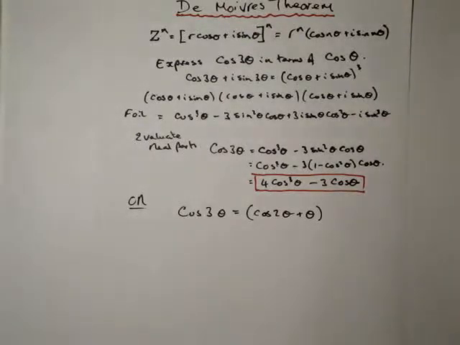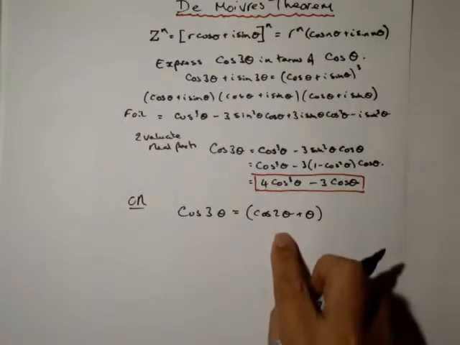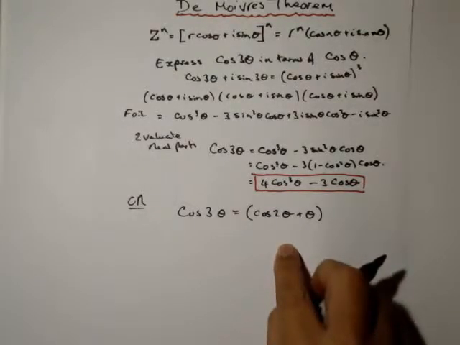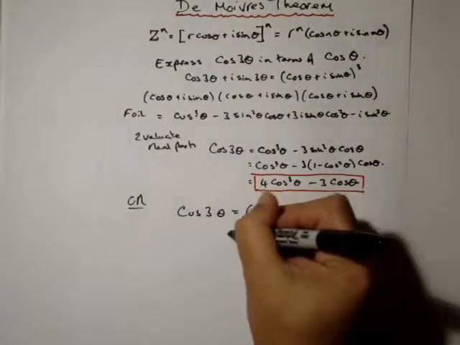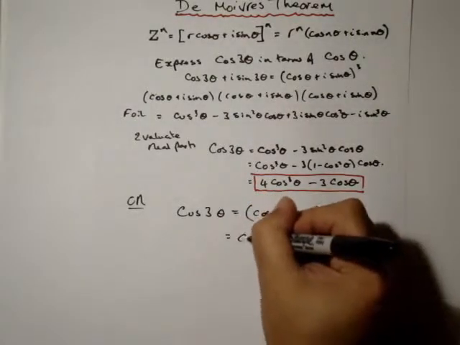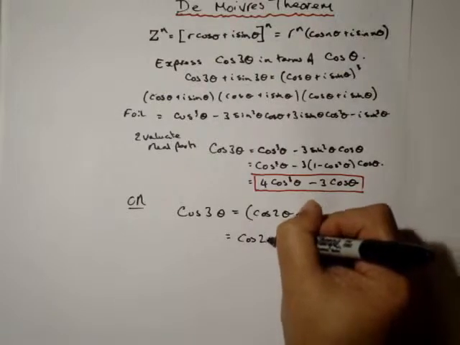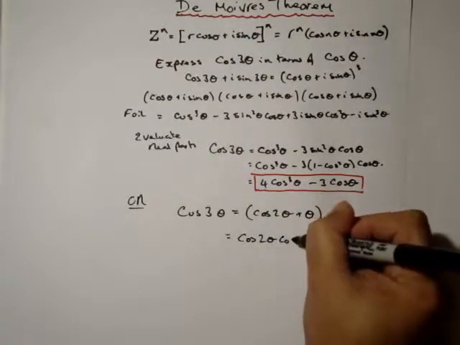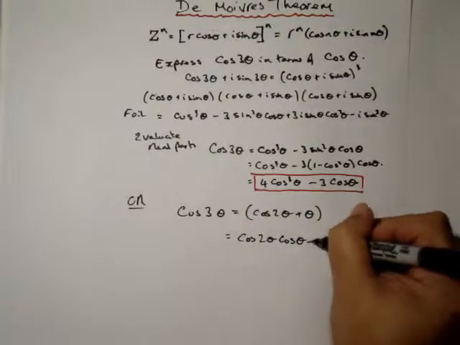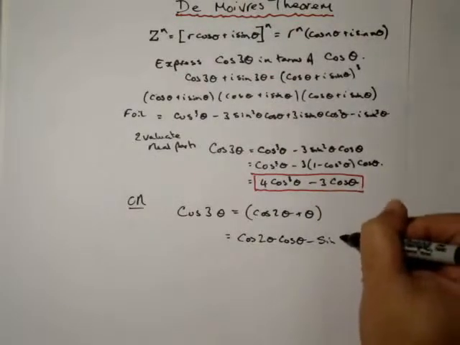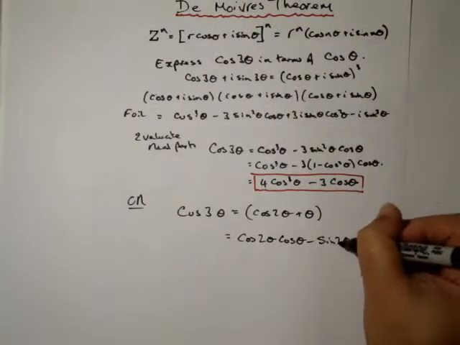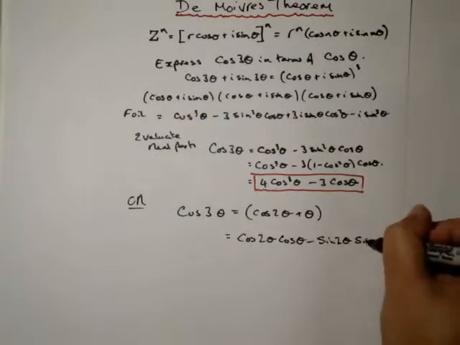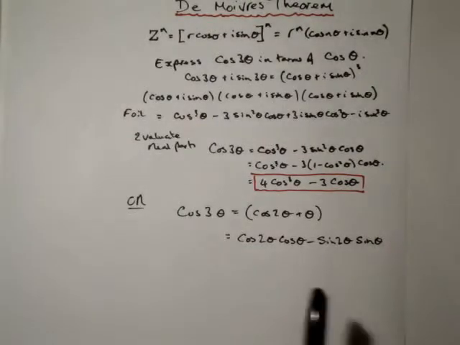Now from our cos A plus B, this is cos A cos B minus sine A sine B, so that equals cos 2 theta cos theta minus sine 2 theta sine theta. Okay, so we're applying our cos A plus B.